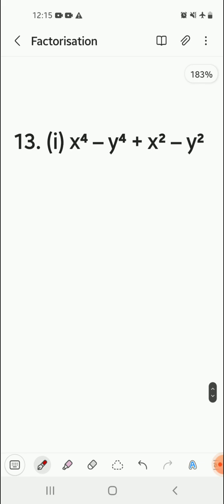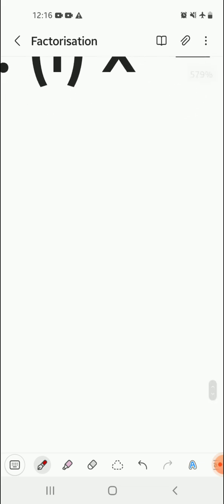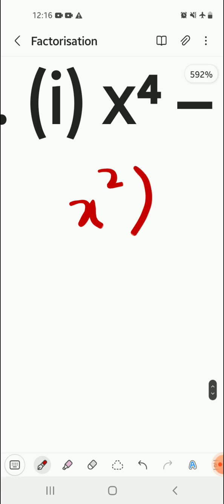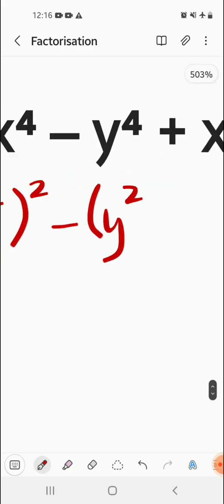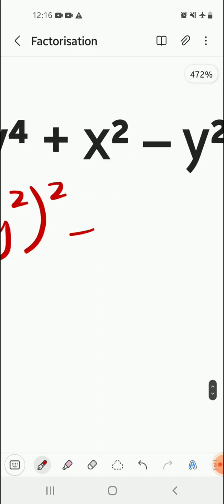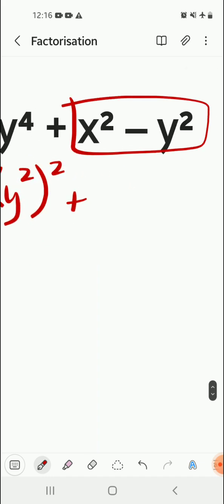Moving on, number 13, x to the power 4 and y to the power 4. We will take things as common. (x square) whole square minus (y square) whole square plus x square minus y square. See this?